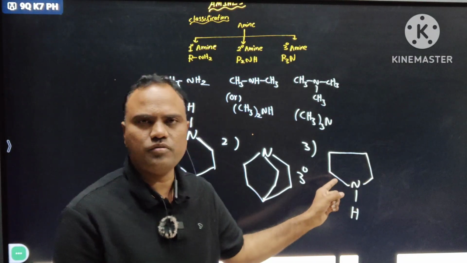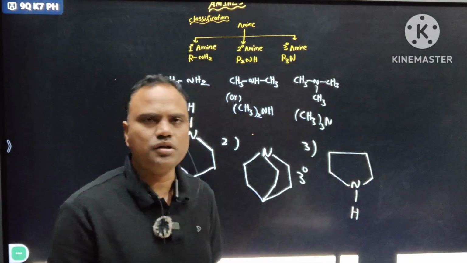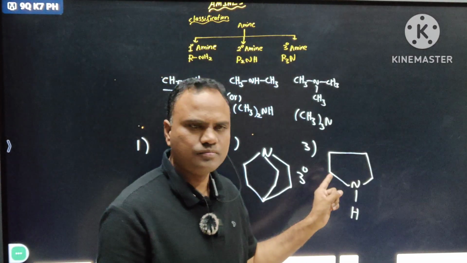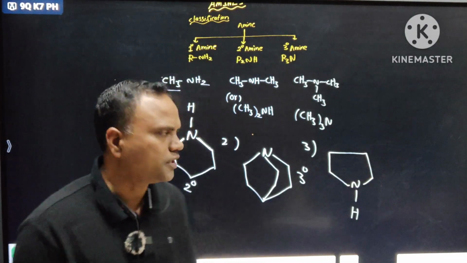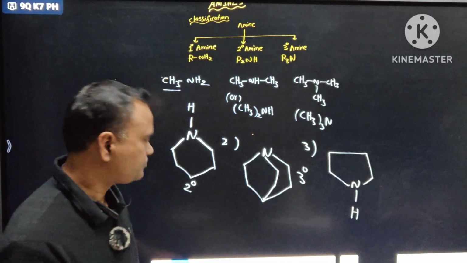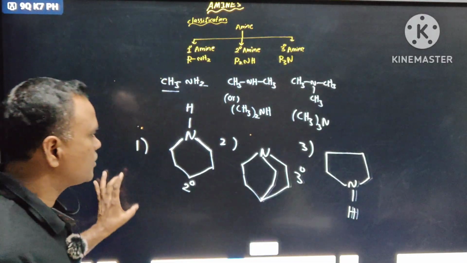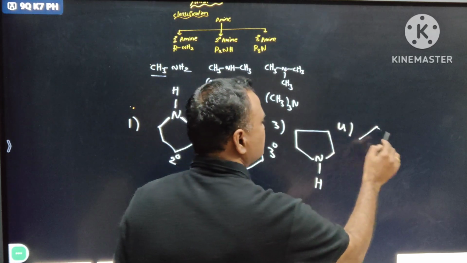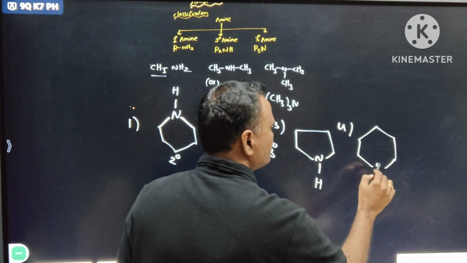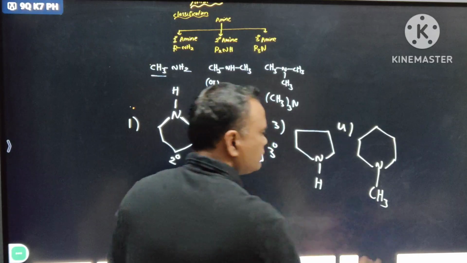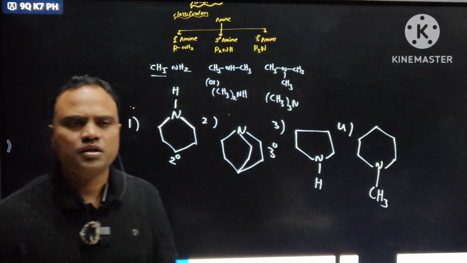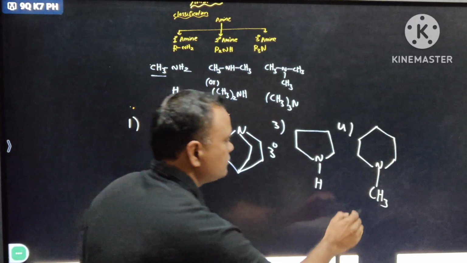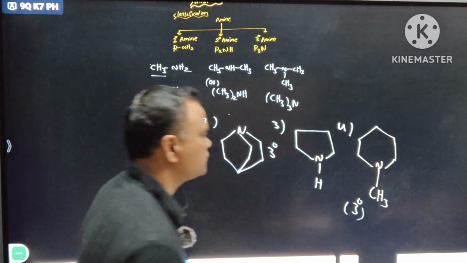This side one bond, this side one bond, and one hydrogen. Hydrogen is not considered as a group. 2 bonds means 2 groups, so secondary amine. This one is 3 degree: 1, 2 and 3.